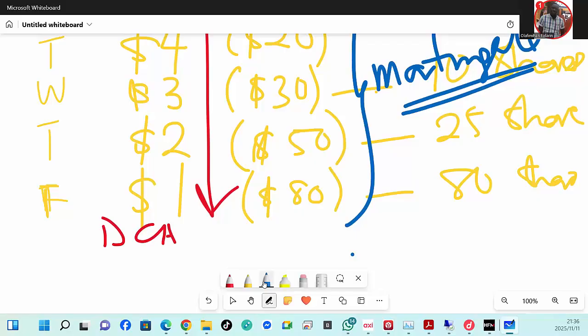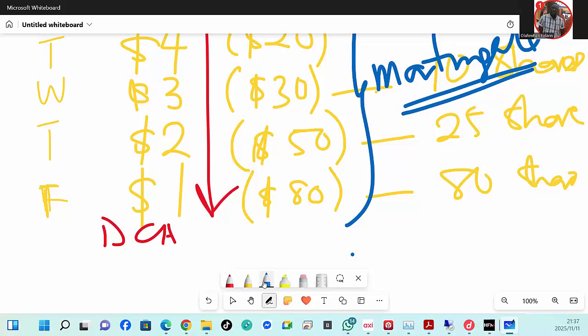In fact, some people, when they ask me what strategy my robot is using, once I say martingale, they say, no, I'm not buying. Because the problem is they don't know how to manage martingale. They don't have the knowledge and they don't want to learn. They're supposed to learn, not run away.